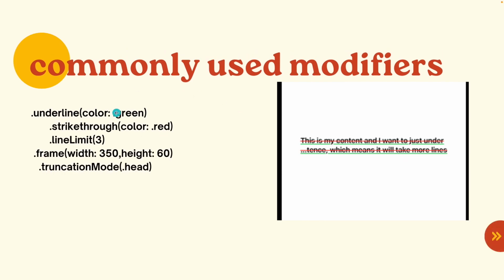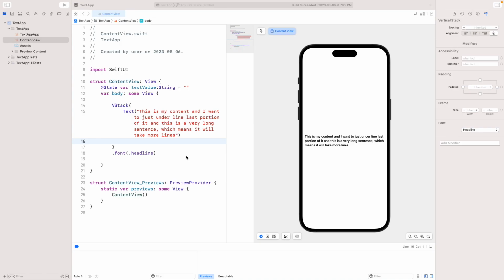Now we will go over some commonly used modifiers, like underlining, strikethrough, line limit, frame, and then truncation mode. Now we have a scenario where we want to either underline or strike through a particular portion of our text, right?